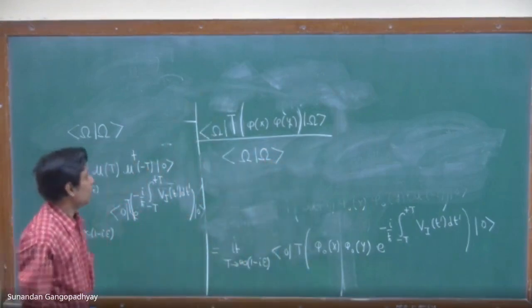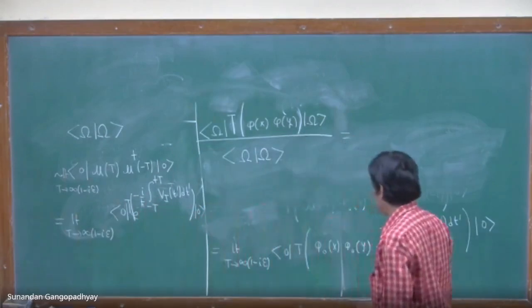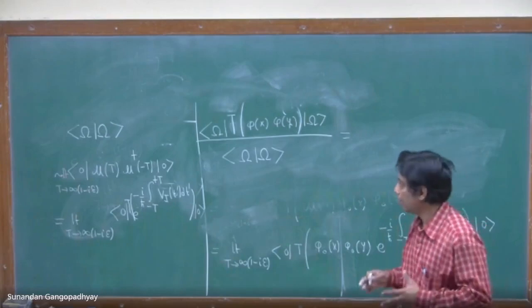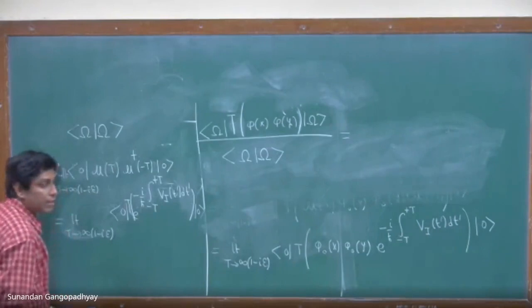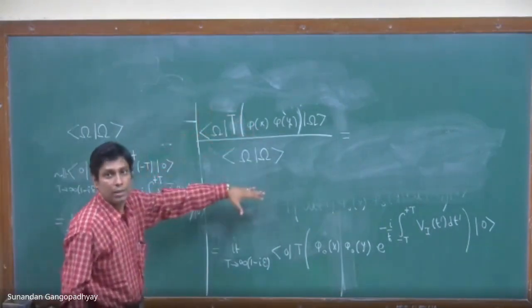If you consider this quantity, the unwanted normalization factor will get cancelled from the numerator and denominator, because here also you have the same factor and here also you have the same factor, and you are dividing by these two, so that factor is now gone.